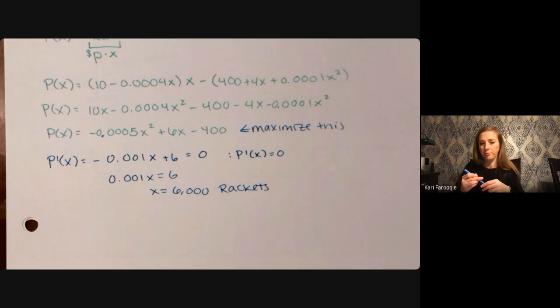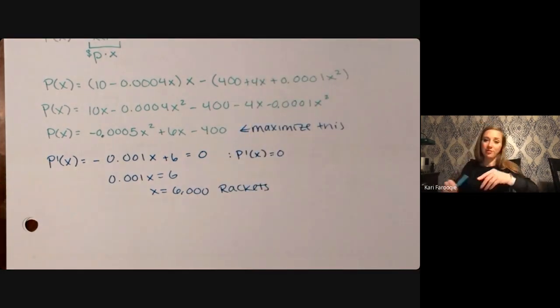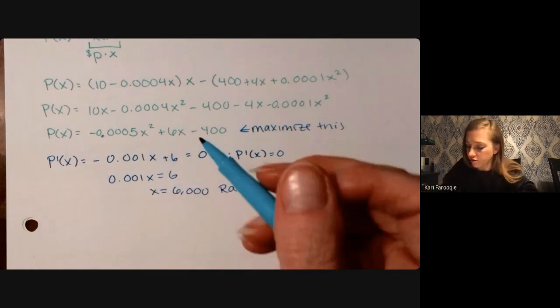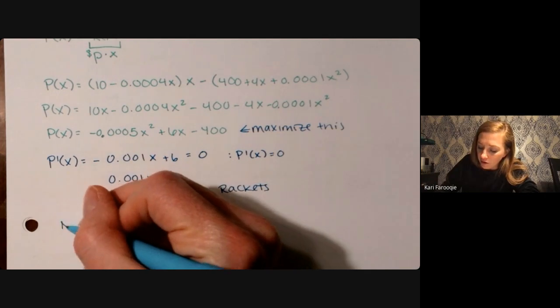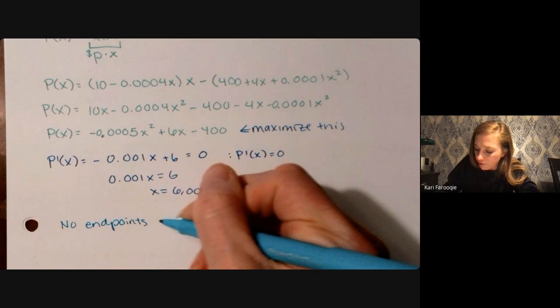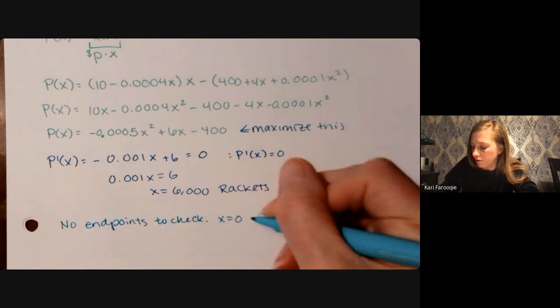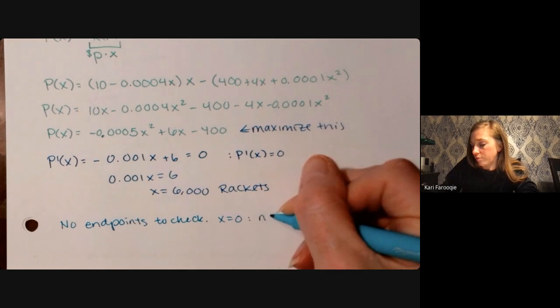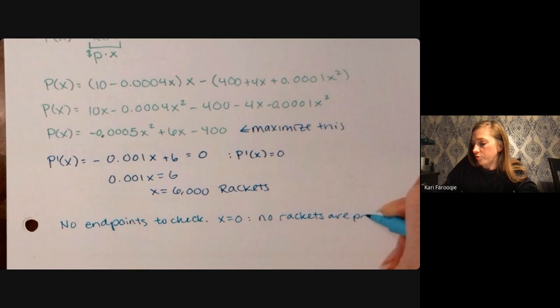So if you were thinking about this, I'm going to formalize what I just said, or at least jot it down. We don't have any endpoints here. No endpoints to check. X equals 0 means no rackets are produced.